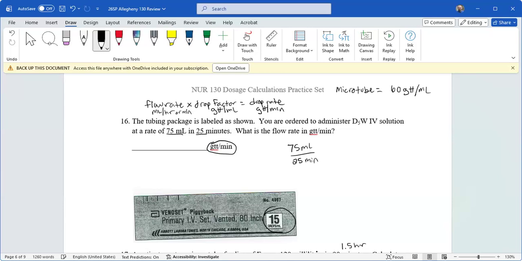The rookie mistake would be to convert minutes to hours. The reason I say that's a rookie mistake is because your final answer's in minutes. So if it's already in minutes, leave it. The only time you should be converting with these drop rate questions is if you are in hours, and I'll give you an example of that in just a little bit.